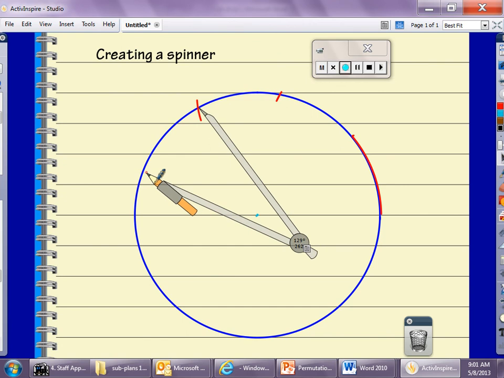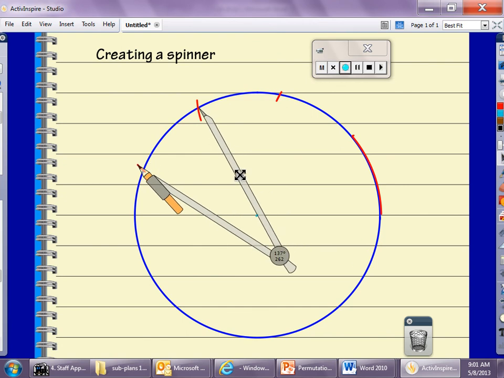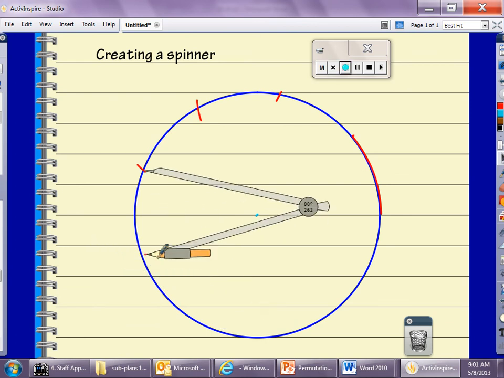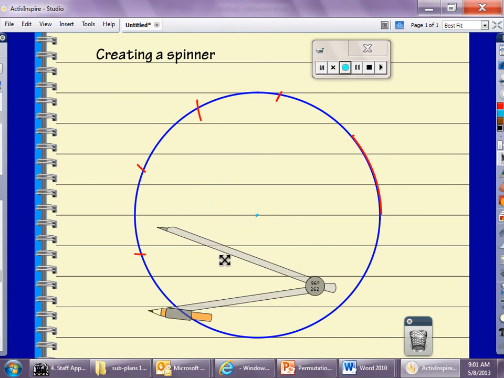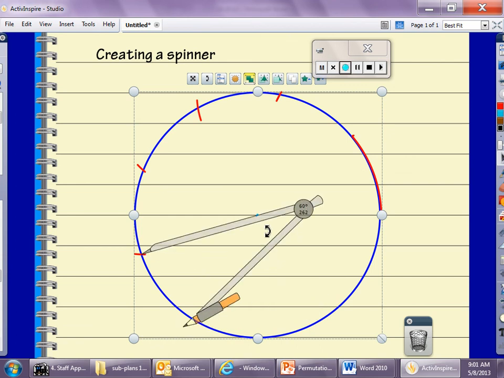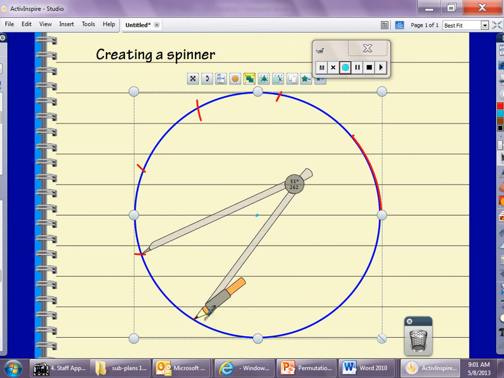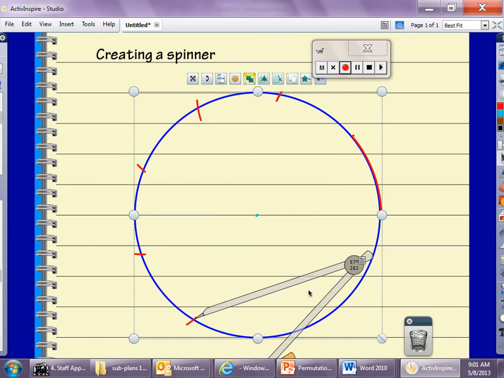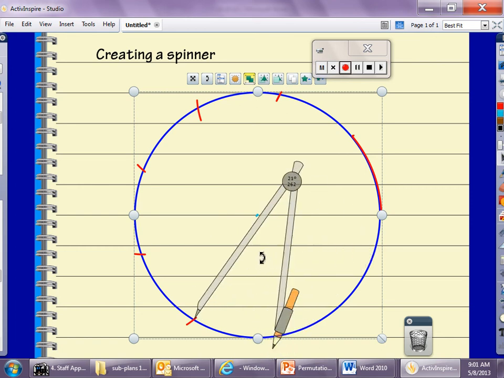It's actually a little bit easier to do on paper. Keep making marks every so many degrees, because what you're doing is you just have the compass set to the distance of the degrees that you want.